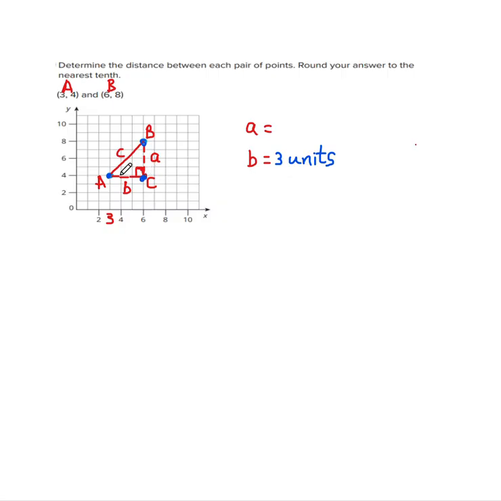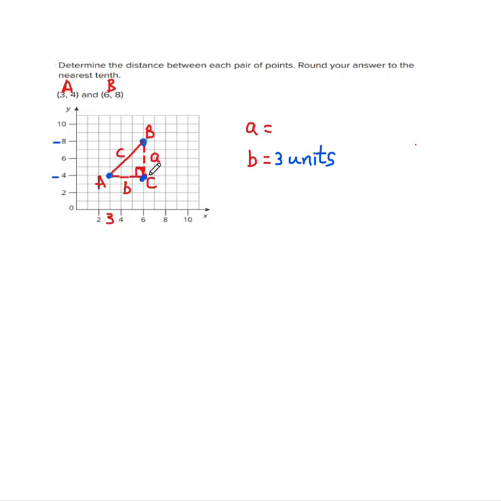So since C corresponds to a y value of 4, and B corresponds to a y value of 8, we recognize that we could easily find the length of A, which is the distance from point C to point B vertically, by simply taking 8 minus 4, which is 4.